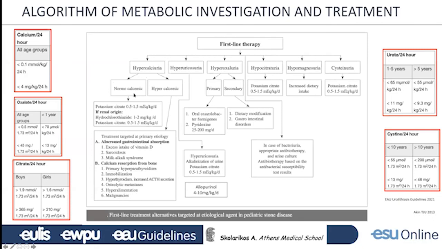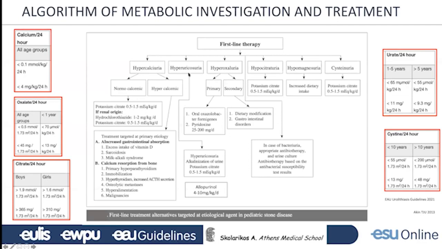If the child is normocalcemic, then you give potassium citrate 0.5 to 1.5 milliequivalent per kilogram per day. And you can combine it with hydrochlorothiazide, 1 to 2 milligrams per kilogram per day, if it is of renal origin.